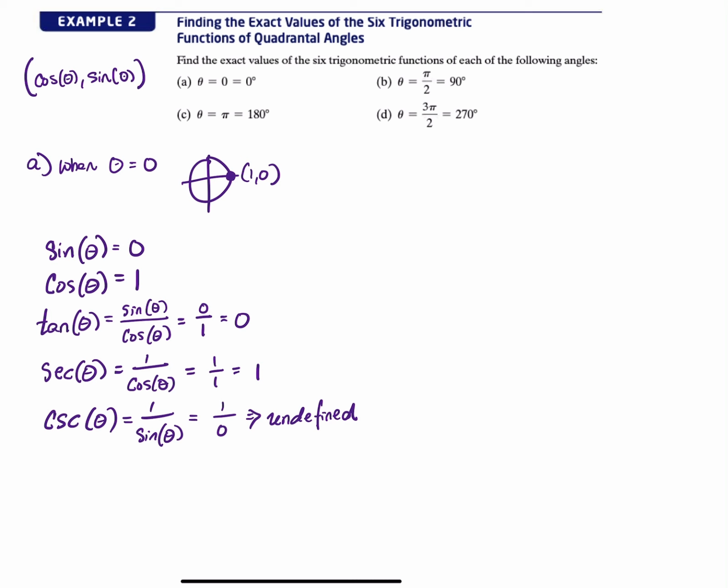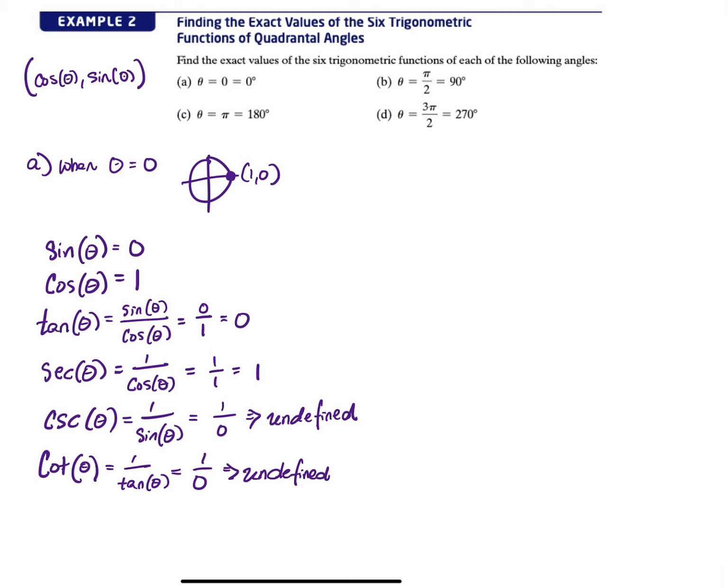All right, we just need to add the cotangent. So cotangent is 1 over the tangent. Here the tangent is 0, so we also get undefined. So keep an eye out for those.